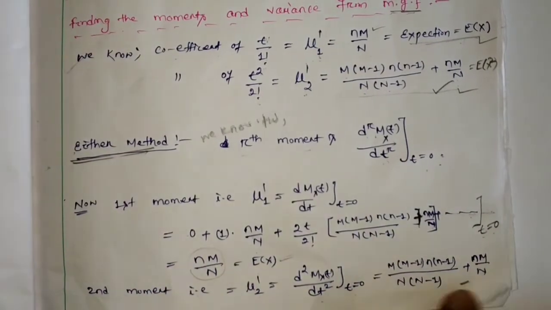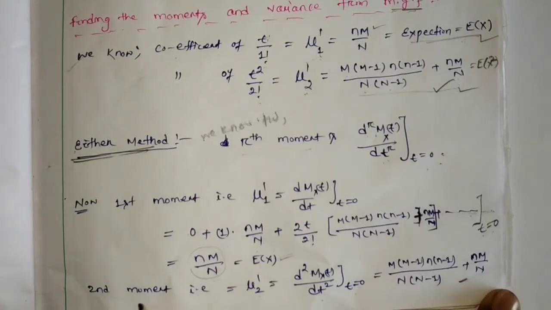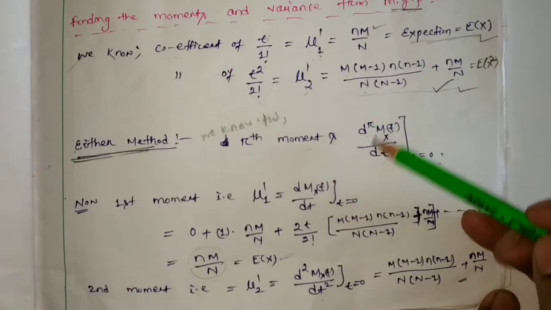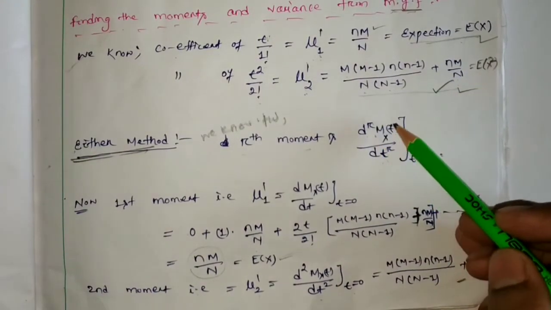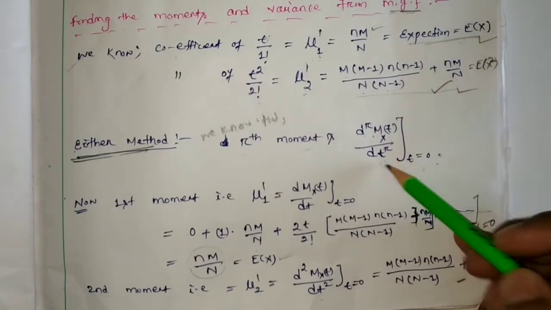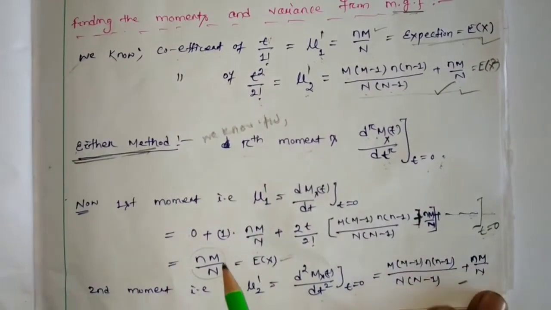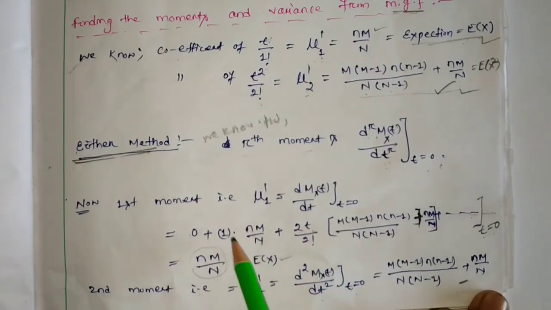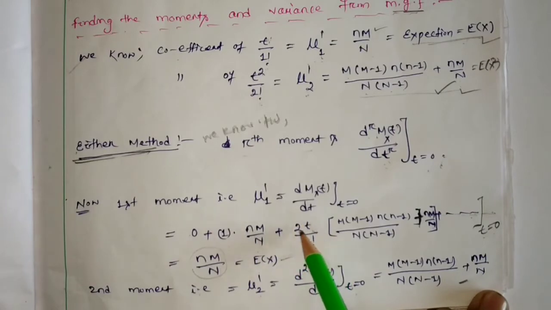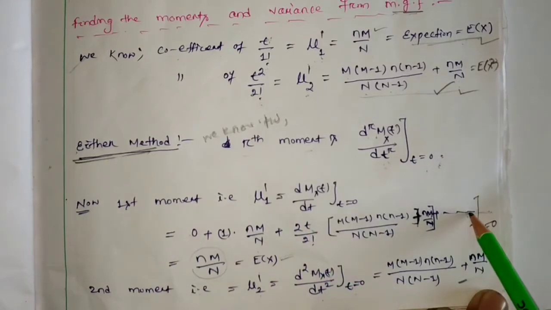And if we consider the second moment, mu 2 dash, that means we have to consider the second derivative, d square M_X(t) by dt square at t equal to 0. So we already found the first derivative is this one. Again, if we take another derivative, this term will be 0, it is constant, and this term will be 2 by 2 factorial, which is 1, and the derivative with respect to t will be 1, and the next terms will contain t.